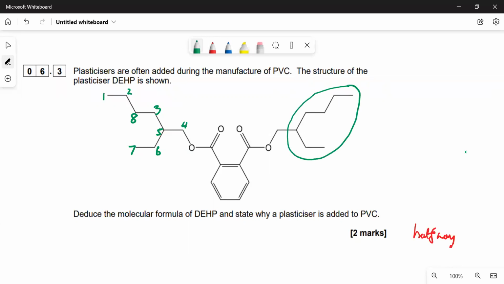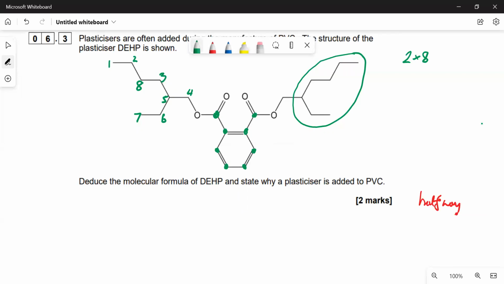So let's put 2 times 8 carbon atoms. And I've also got, in addition to that, so that's 16, and I've got 17, 18, 19, 20, 21, 22, 23, 24. So it's C24.